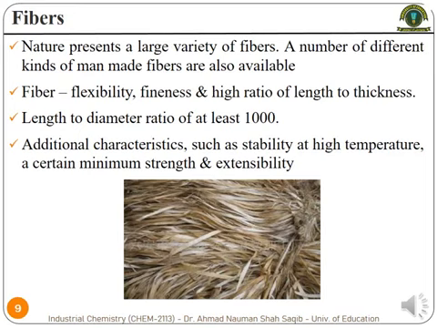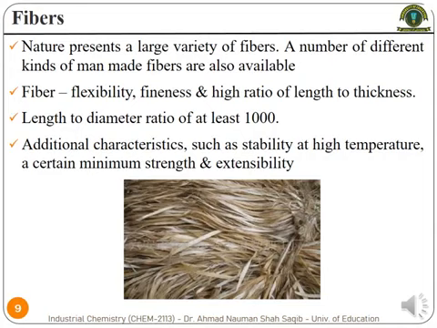Let's now discuss in detail the textile raw materials, and the first one is fibers. Naturally there are multiple kinds of fibers which have been utilized for centuries for making many kinds of products, for example cloth.